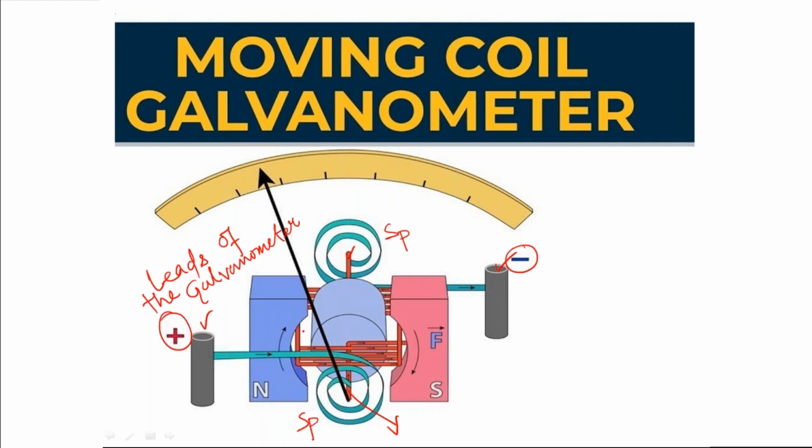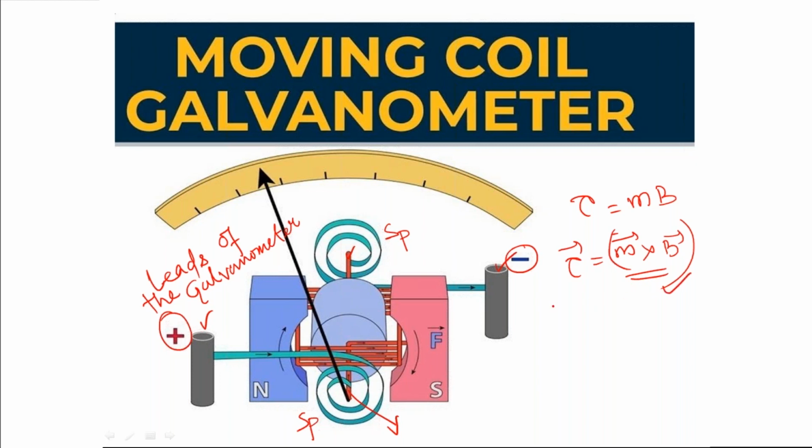And you know, when this loop tries to rotate because of the torque experienced by the loop, which is obtained by this MB, or in vector terms M cross B, this is actually due to the uniform magnetic field.